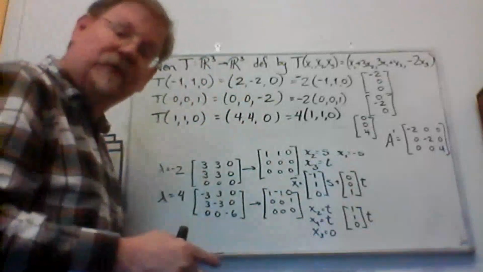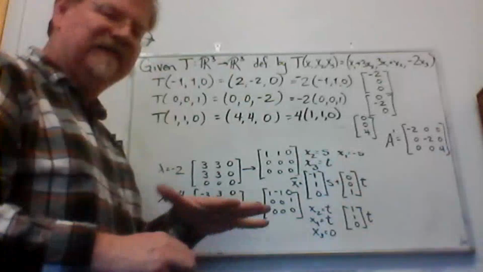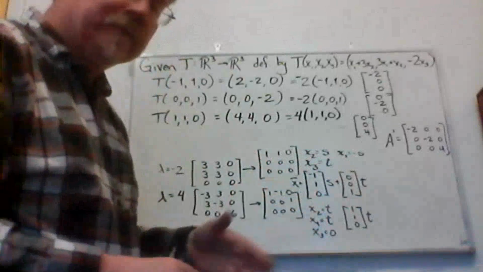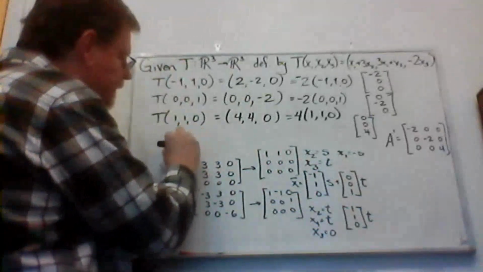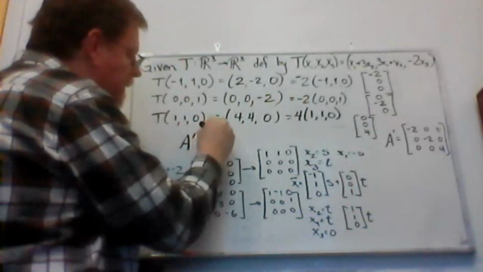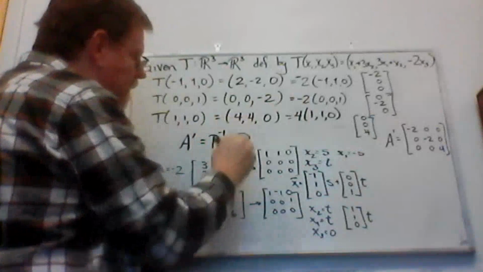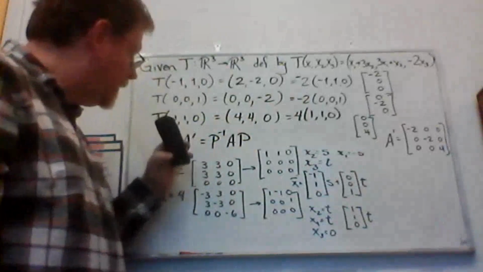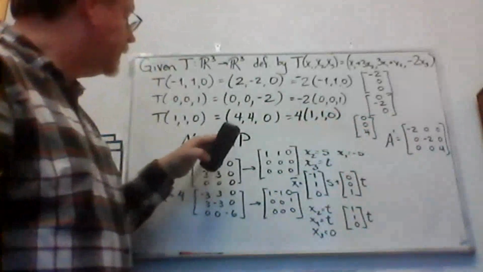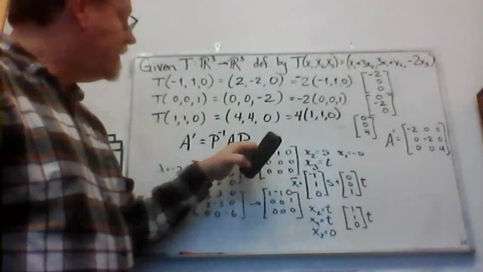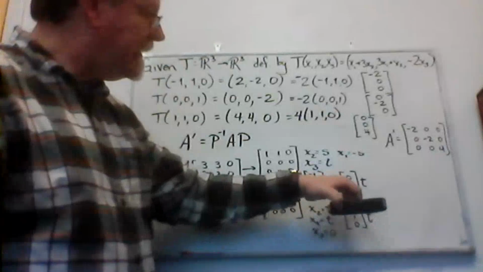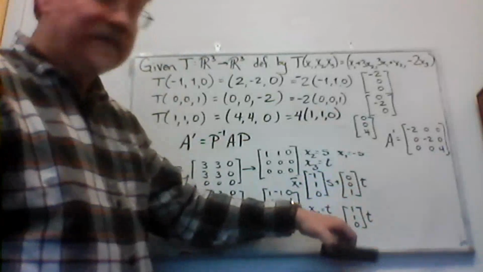And if we think back to the idea of similarity, that tail end idea from chapter 6, it's even better. Because we have this A here. So the A prime here is equal to P inverse A P, where P is the matrix formed by the eigenvectors.